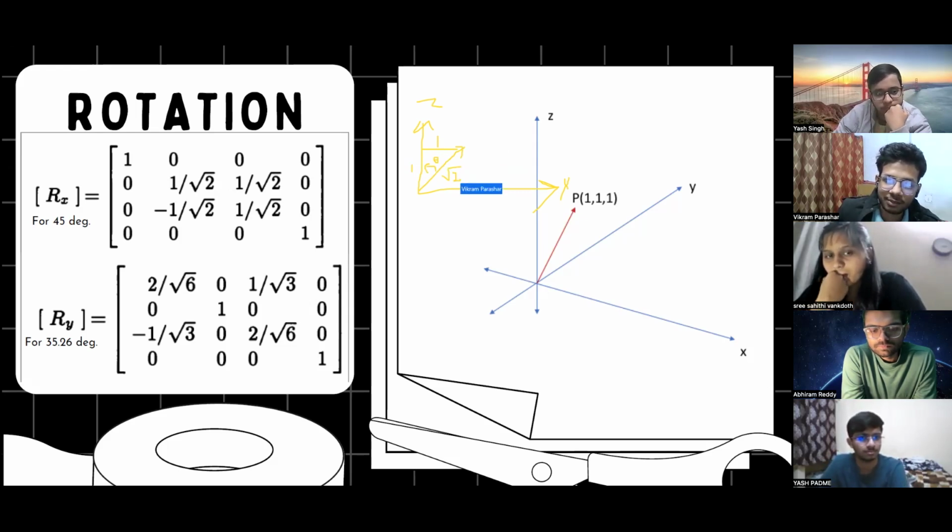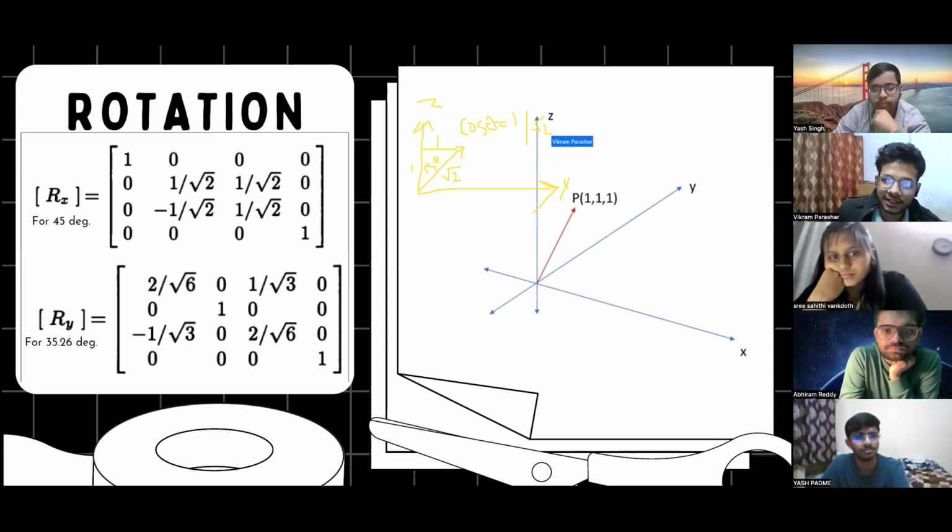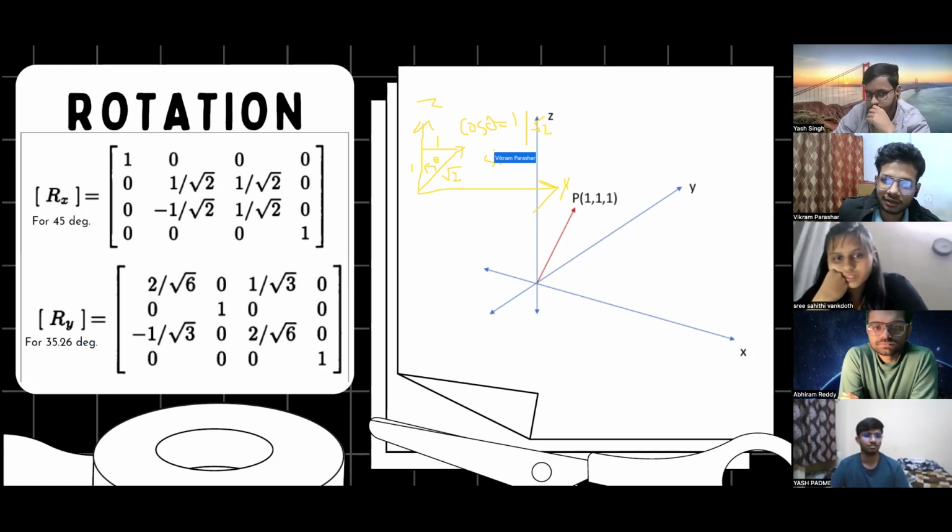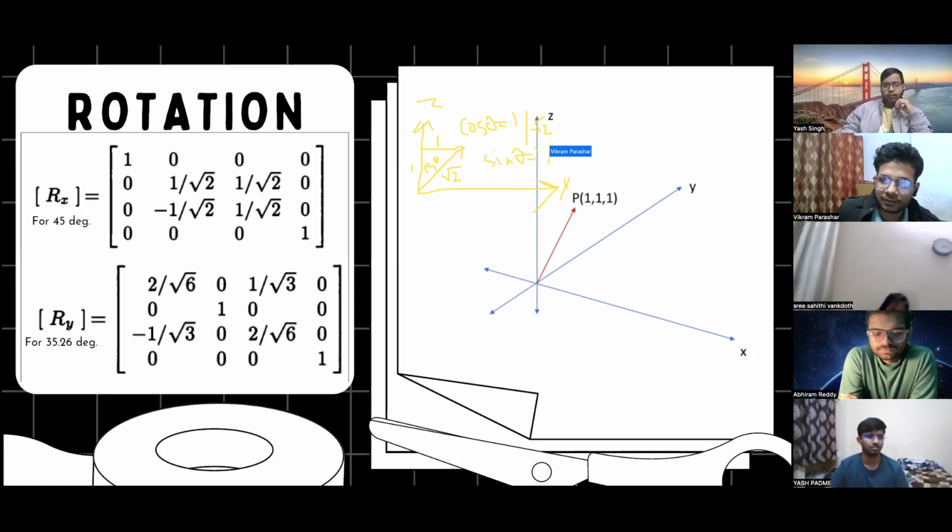This theta can be calculated by cos theta, base by hypotenuse, so it becomes 1 by root 2. And sin theta also becomes 1 by root 2.